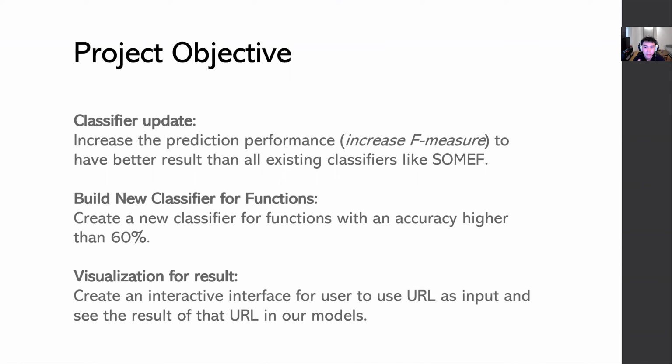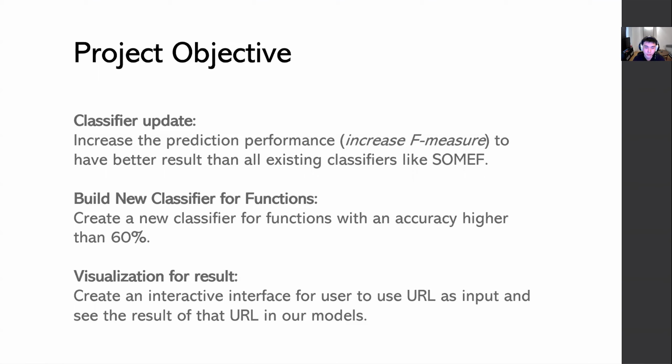Based on that project, SOMEF, we set the following three different objectives. The first thing we want to do is to improve the performance of SOMEF. It's kind of a classifier update. We want to improve the prediction rate by increasing the F measure, and we're hoping to have a better result than all the existing ones that have been recorded in SOMEF.